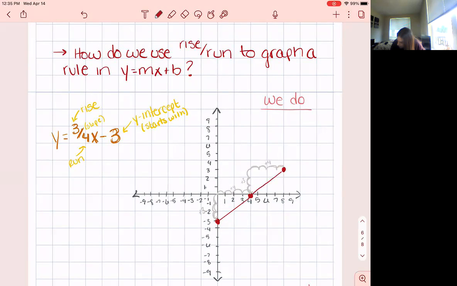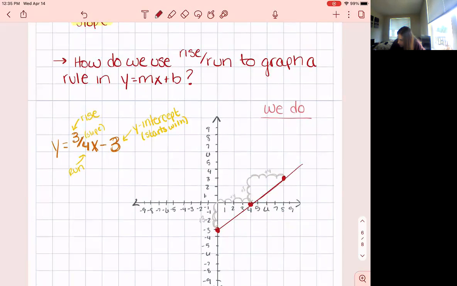And again, when you connect them, it makes that little triangle of your rise over your run. And then just like we always do, I would have you take a straight edge and make that line go out a little further, both directions.